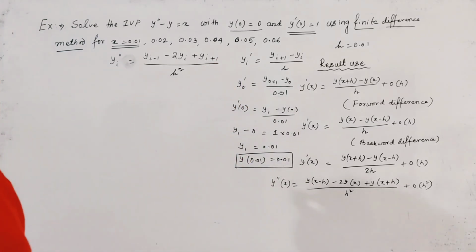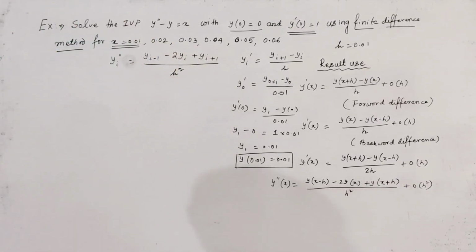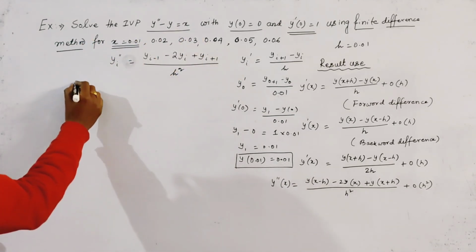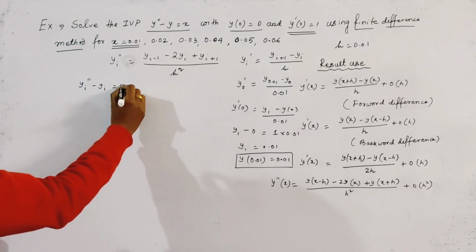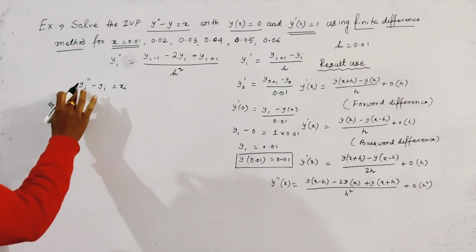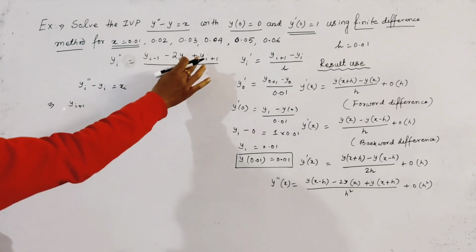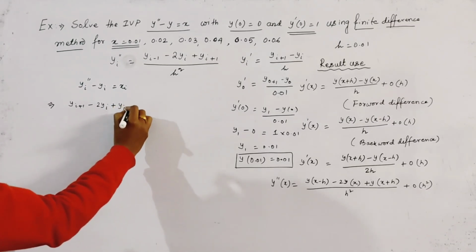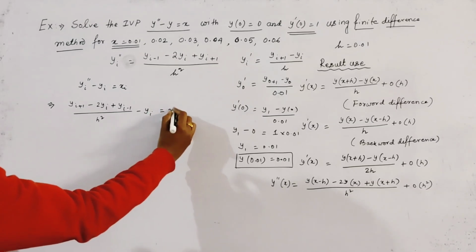Now we put the value of yi double dash in our given equation. So the given problem can be written as yi double dash minus yi equal to xi, and this gives, as we put yi double dash, yi plus 1 minus 2 into yi plus yi minus 1 by h square, minus yi, equal to xi.